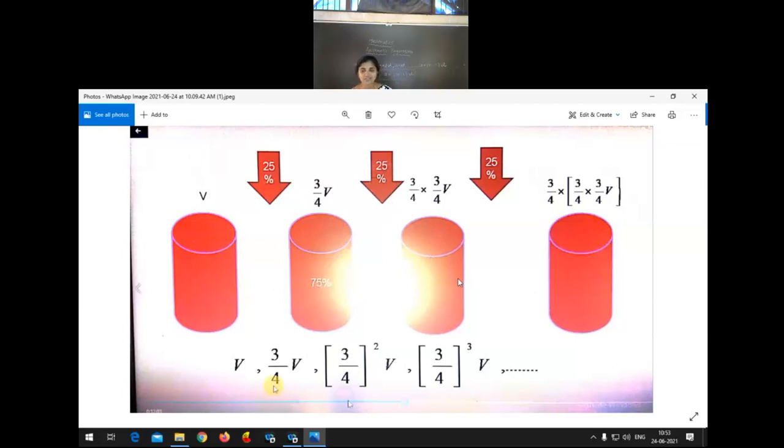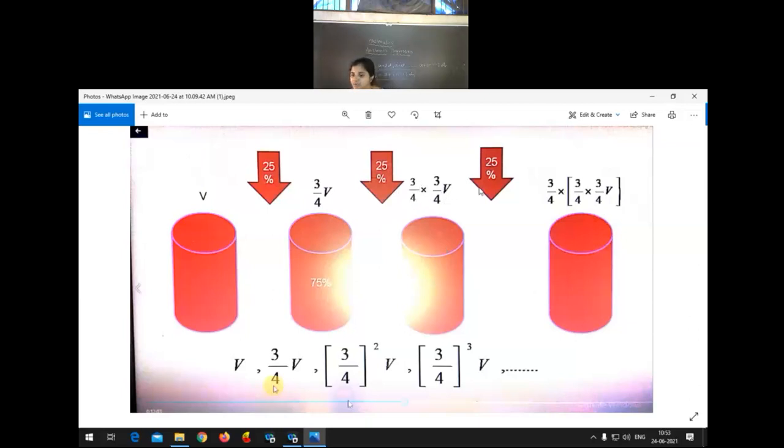Again 3/4 is remaining, of what? This 3/4 into 3/4 V. Here 100% for us is 3/4 V. We removed 25% of it, so 3/4 of it remains, that is 3/4 into 3/4 V. Now we again take this as 100%.